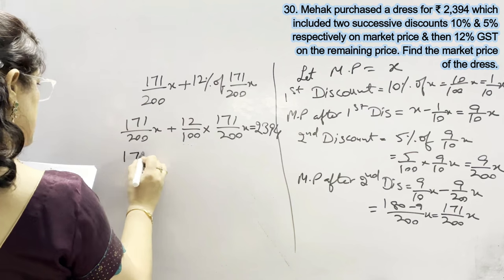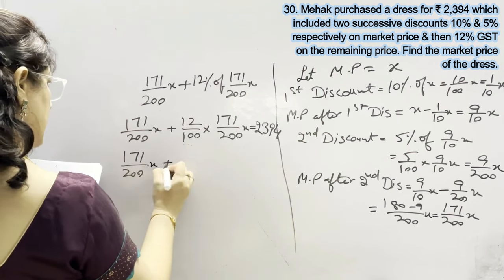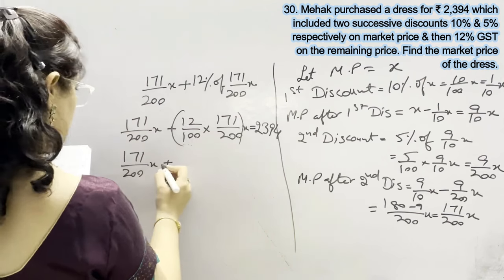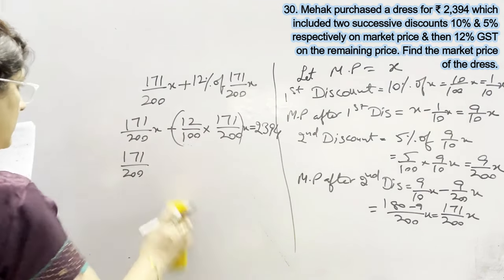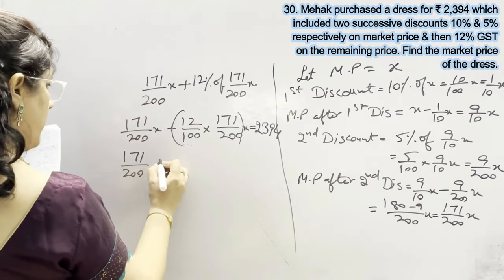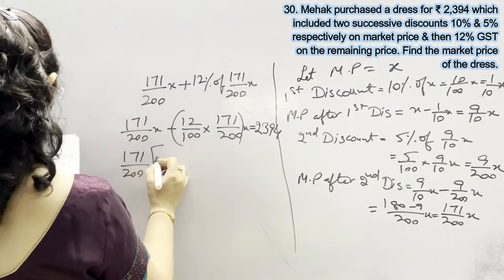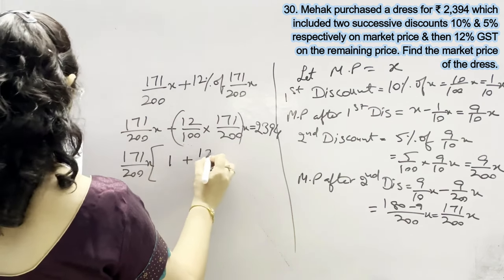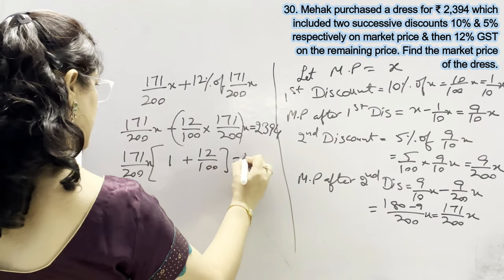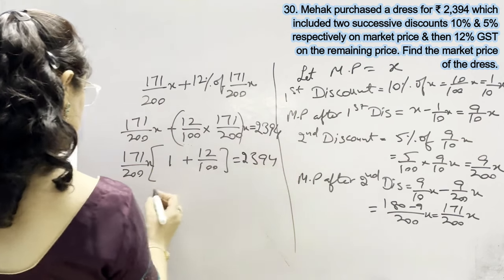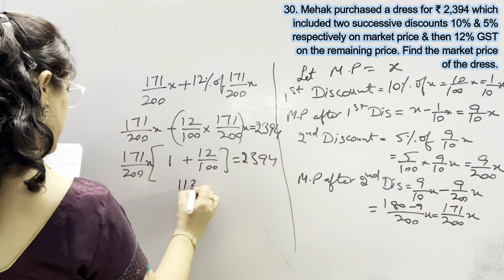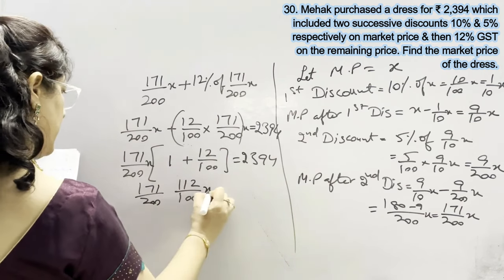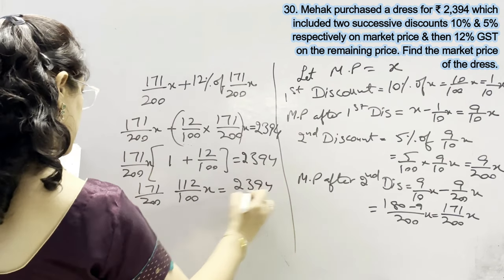Now calculating this, we can take common here. We can take 171 over 200 common. So from the first bracket x also common, from the first bracket 1 is there, and from the second bracket 12 upon 100 is there, and then 2394. 100 plus 12 is 112 upon 100, 171 upon 200, x is equal to 2394.